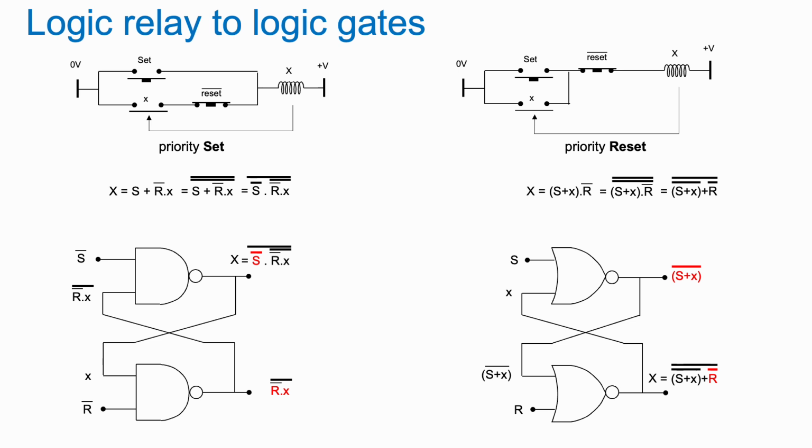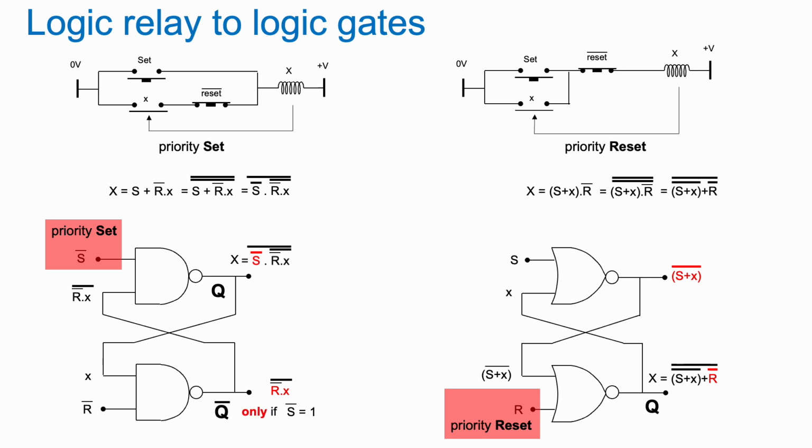The priority set is the input of the NAND with its output noted Q. The priority reset is the input of the NOR with its output noted Q. But for the RS NAND, Q bar is a real Q bar only if S bar equals 1.